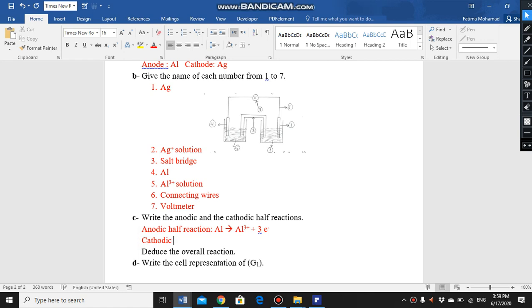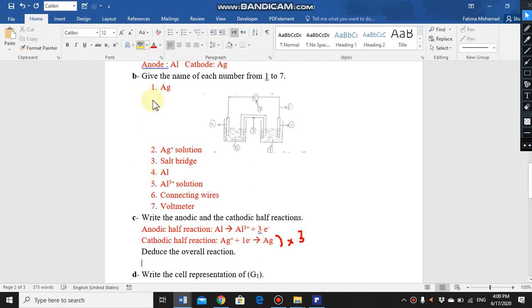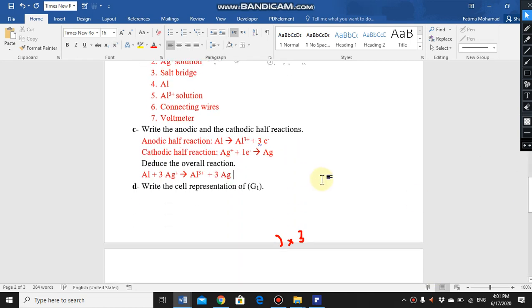Cathodic half reaction: Ag+ gaining 1 electron becomes Ag. Then Al plus 3Ag+ gives Al3+ plus 3Ag.